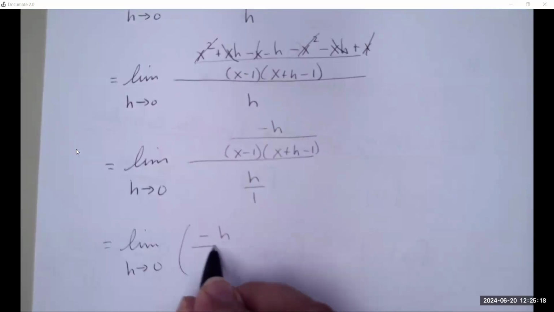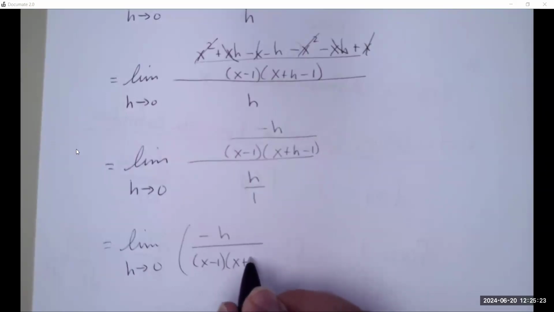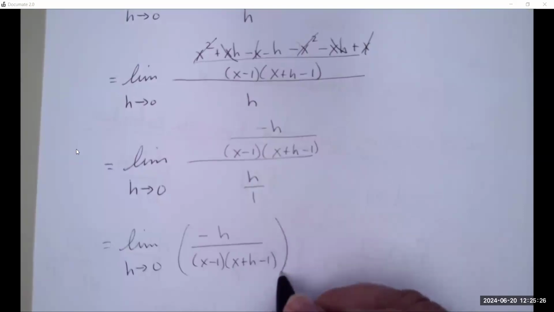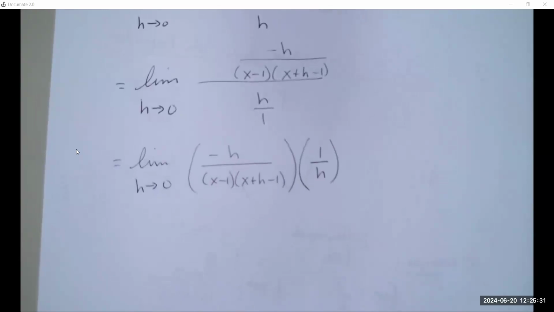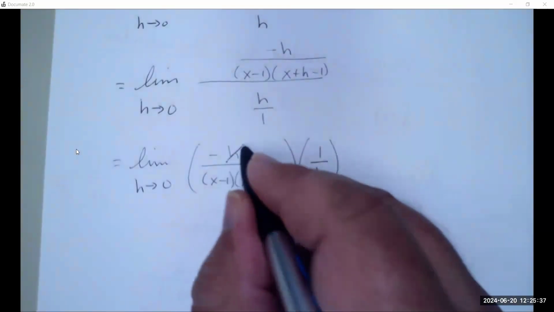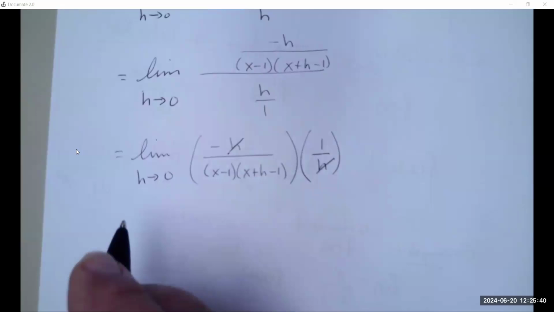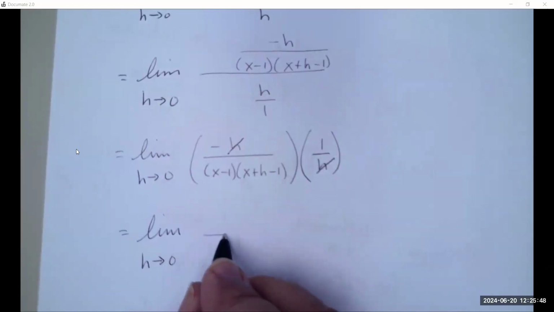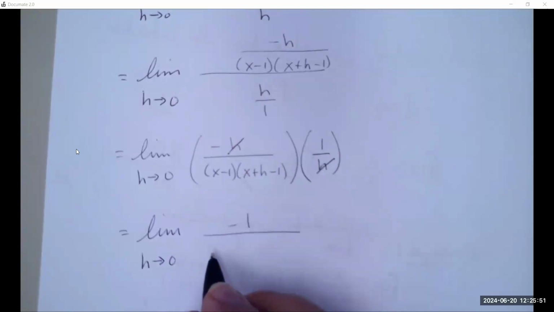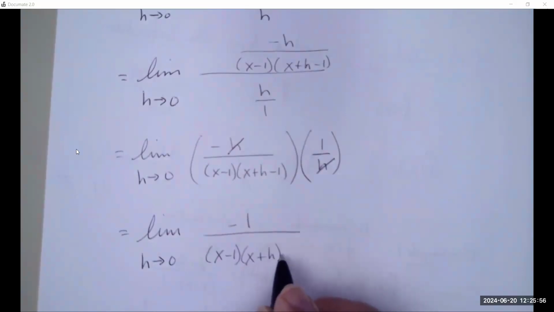Leave the top fraction alone, flip the bottom, and cancel. We have negative 1 over x minus 1, x plus h minus 1.